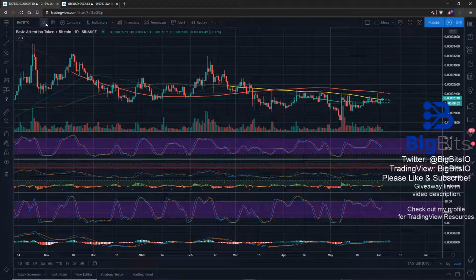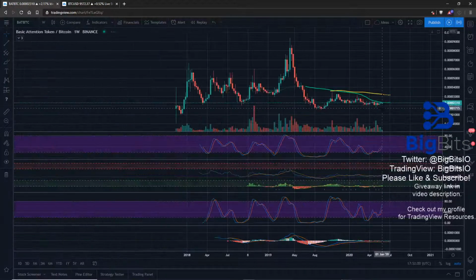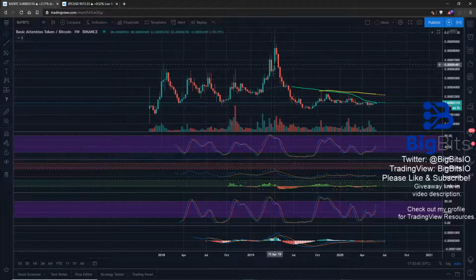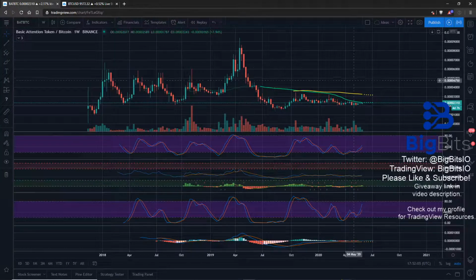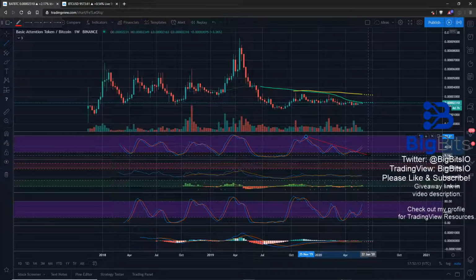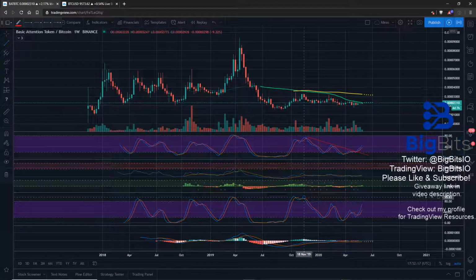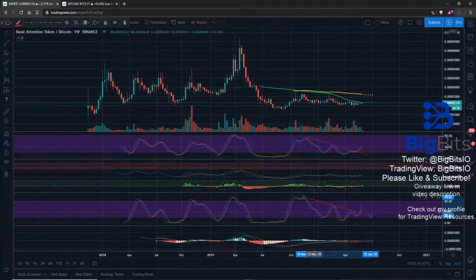So let's take a look at its weekly versus Bitcoin. And this is another one of them that I really like because momentum is shooting up. Here's another reason why. It had this kind of channel down in multiple areas, and it's seeming to be breaking out of that.